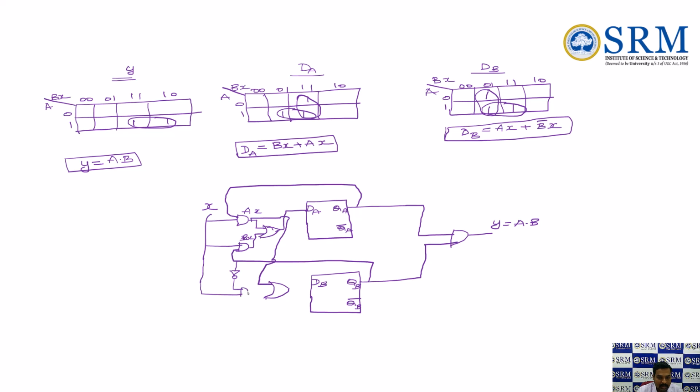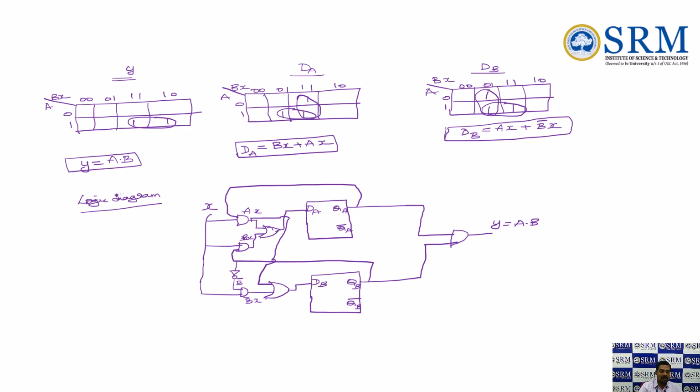So B bar X. That was connected as one of the inputs to the OR gate. So this was connected to the D flip-flop. This is B bar X. This is B bar. Okay, now we can get some idea about this D flip-flop implementation. Yes, that's all about the logic diagram of the sequence detector with 3 consecutive ones.